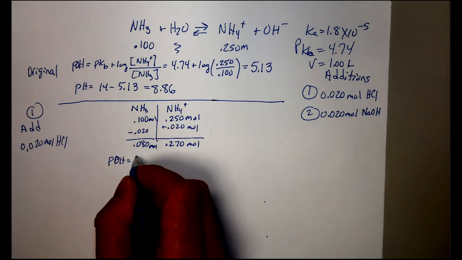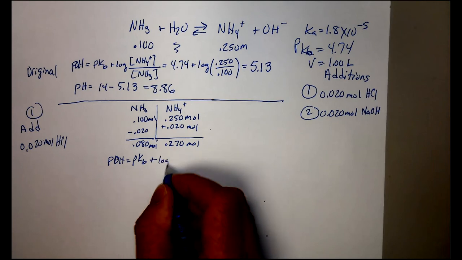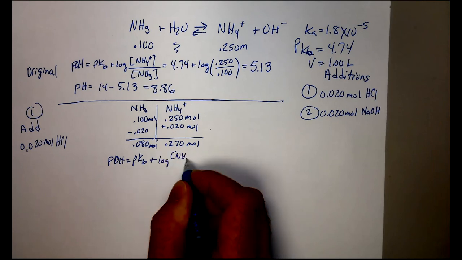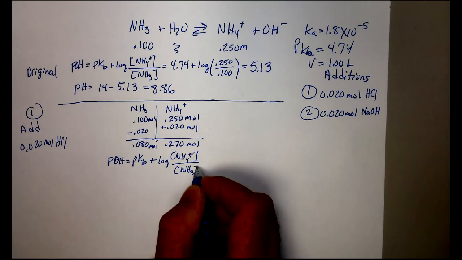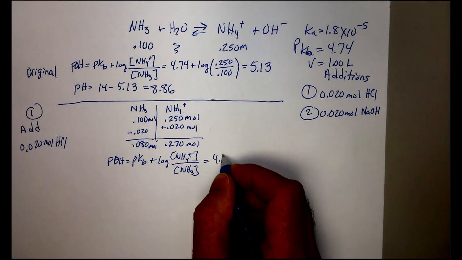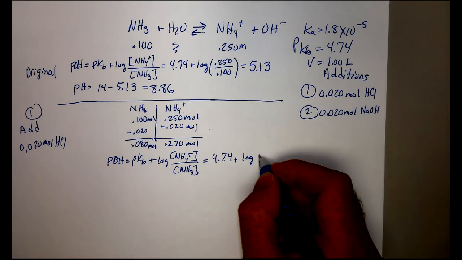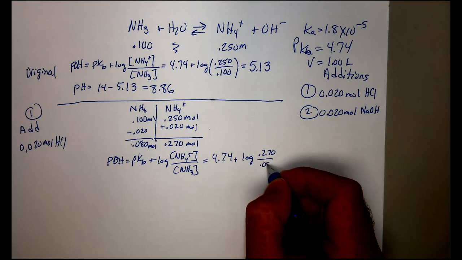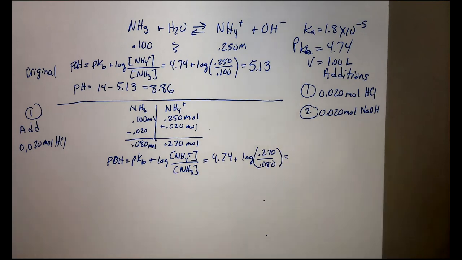pOH equals pKb plus log of ammonium divided by ammonia, or 4.74. And what's going to be different is going to be 0.270 up here and 0.080 down there. So it's going to change, but not a whole lot.